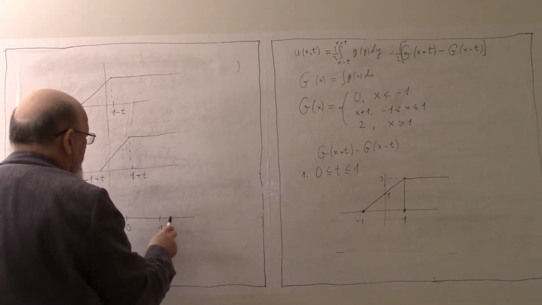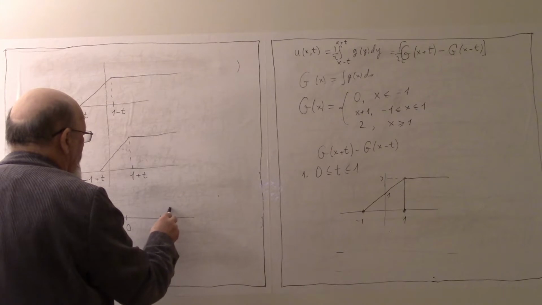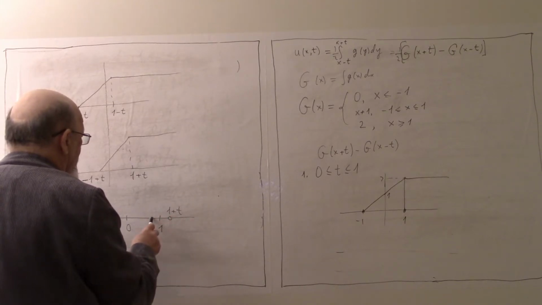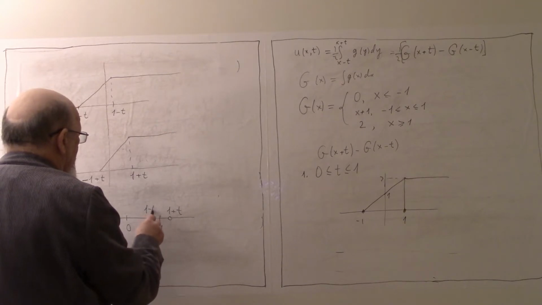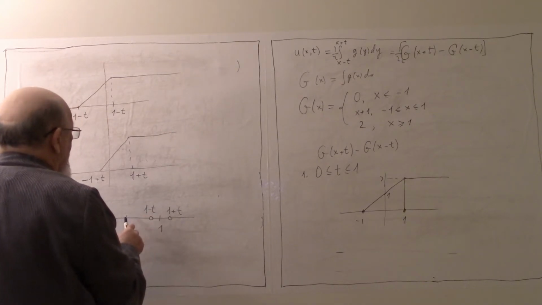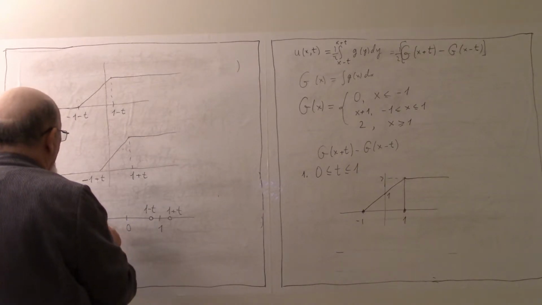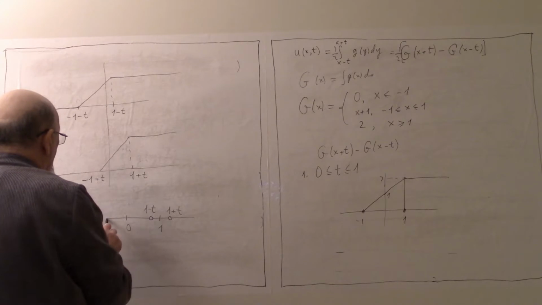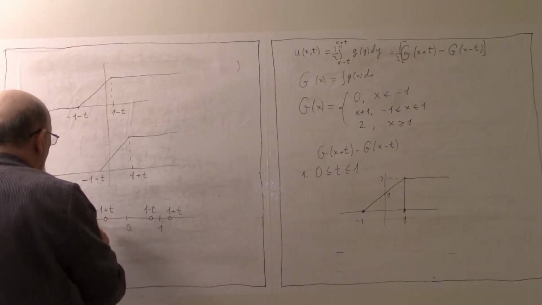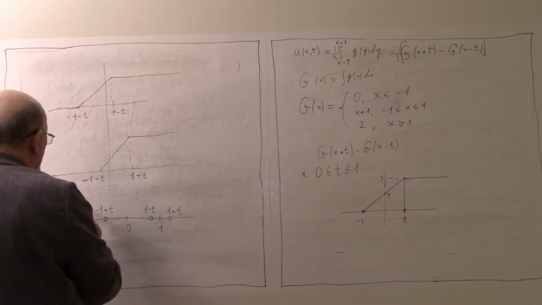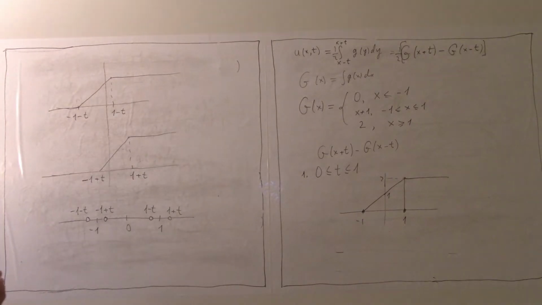Let me draw it as 1 plus t, this is 1 minus t, this minus 1 plus t, and this is the point minus 1 minus t. So we have 4 singular points.